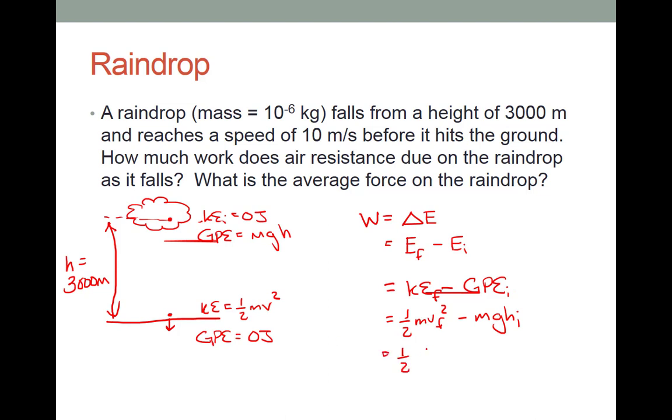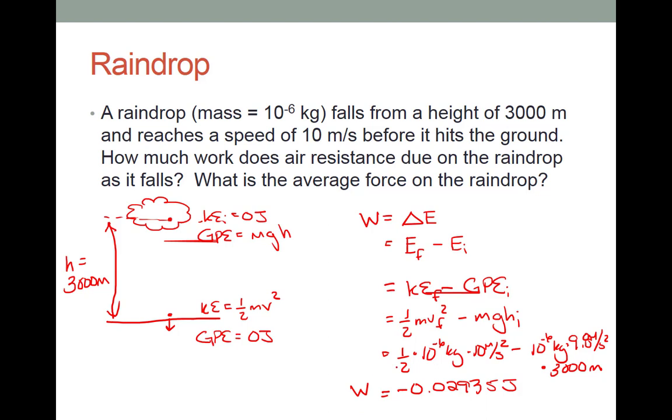So 1/2 times 10 to the minus 6 kilograms times 10 meters per second squared minus 10 to the minus 6 kilograms times 9.8 meters per second squared times 3,000 meters. And if you put that all in, that gives a negative 0.02935 joules.